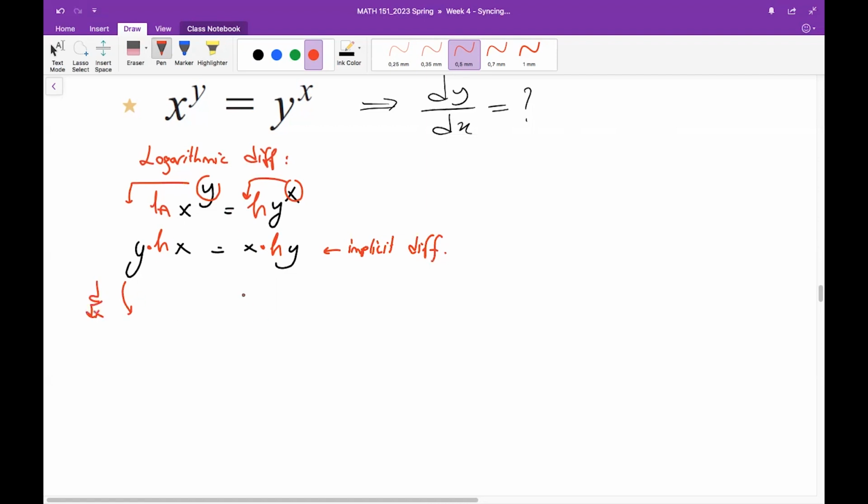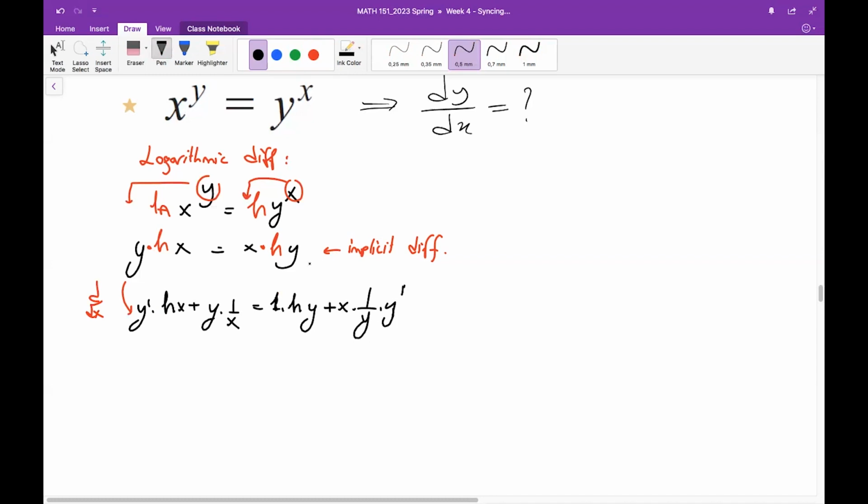Take the derivative of both sides with respect to x. This is a product, we will apply product rule. So it goes like: derivative of the first expression times the second, plus the first expression stays the same times the derivative of the second. Similarly, derivative of x is 1 times ln y plus x stays the same, 1 over y times y prime.